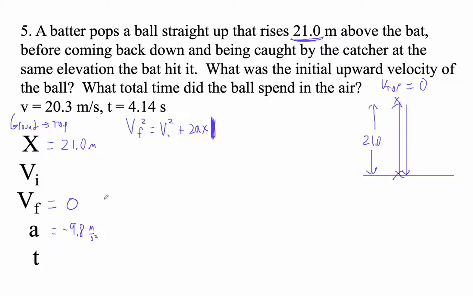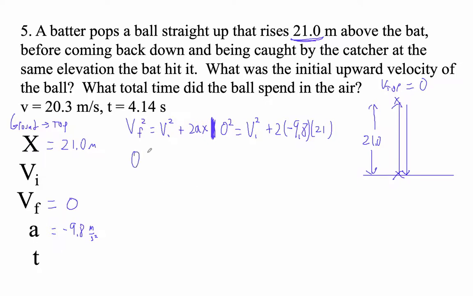So vf is definitely 0, right? So 0 squared is vi squared plus 2 times negative 9.8 times positive 21, right? Okay, we can do this.